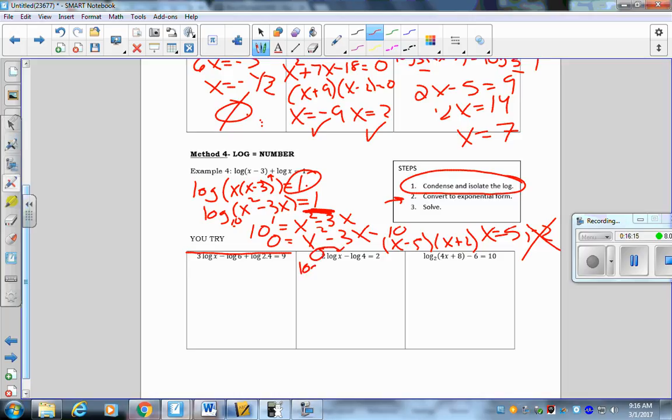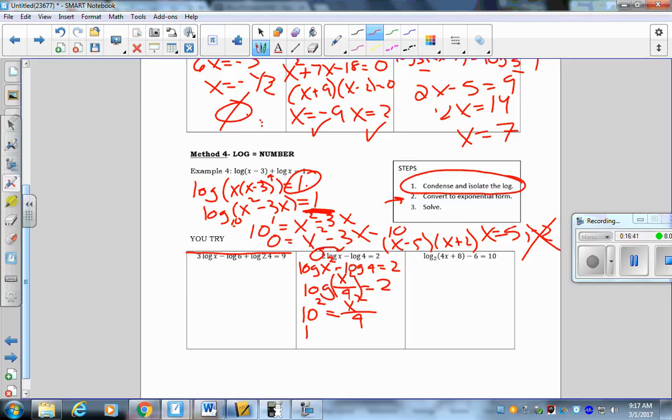So I got log of x squared minus log of 4 equals 2. My base is 10, so they're the same, so now I can divide. So I got log of x squared divided by 4, because minus means divide. Now I can go ahead and change it to an exponential. My base is 10, so I've got 10 squared equals x squared over 4.